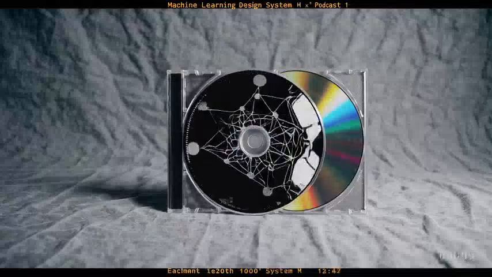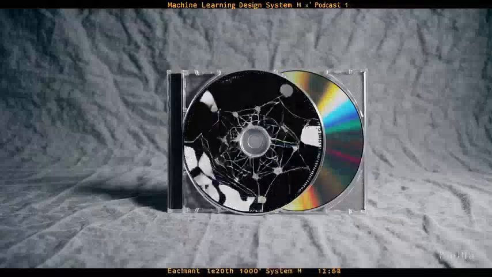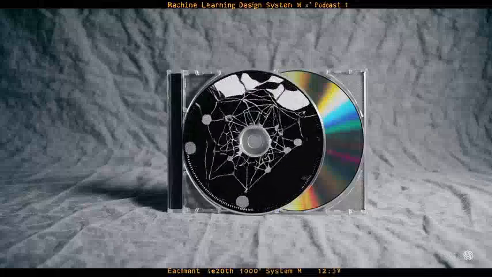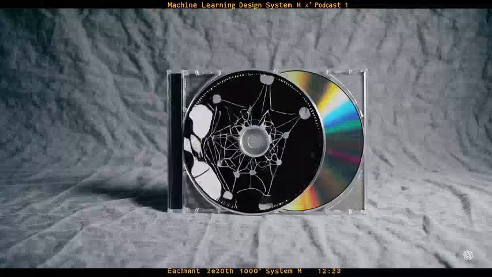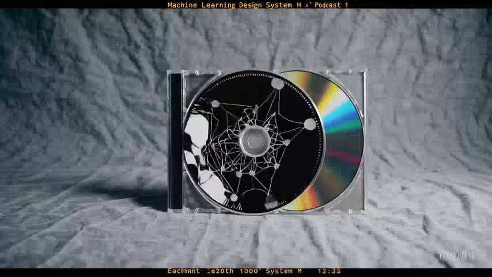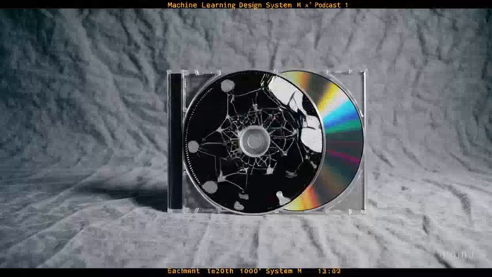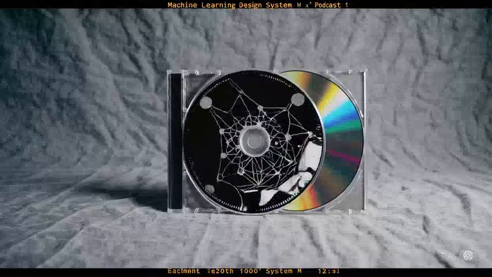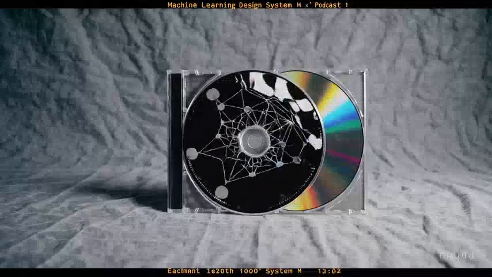So if it's more common, are there design patterns for machine learning too? Yeah, absolutely. Tried and true methods for common problems. Like dealing with messy data. Messy data? Yeah, like incomplete data or inconsistent data. It's a common problem. Right.